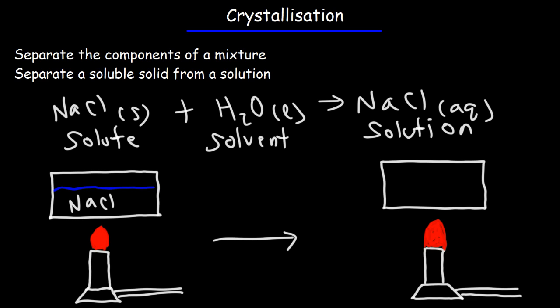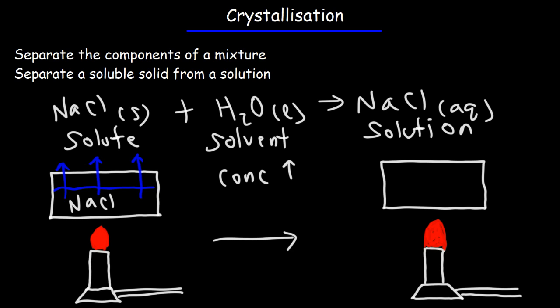What's going to happen is water is going to evaporate from the mixture. As it evaporates, the solution will become more concentrated. There's going to be more salt and less water. As the concentration increases, eventually you'll need to remove the heat source.